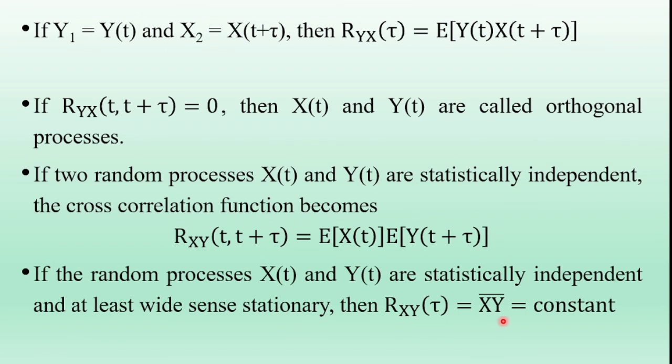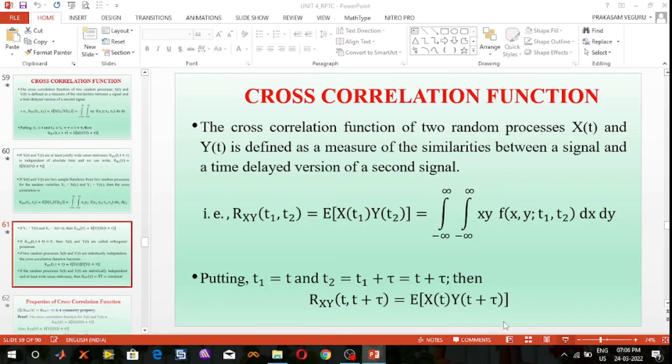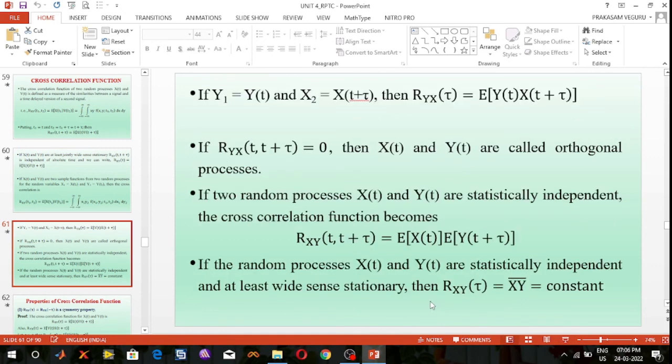Here x bar is the expected value of the random process x(t) and y bar is the expected value of the random process y(t), so x bar into y bar is equal to a constant. So this is the concept of the cross correlation function of the random processes x(t) and y(t).